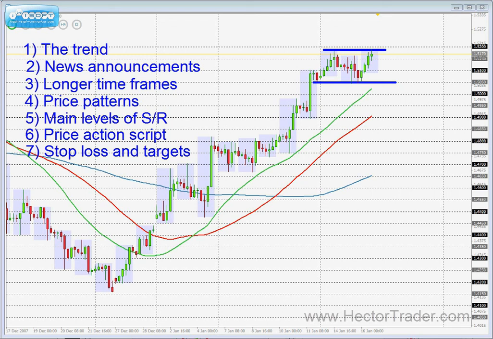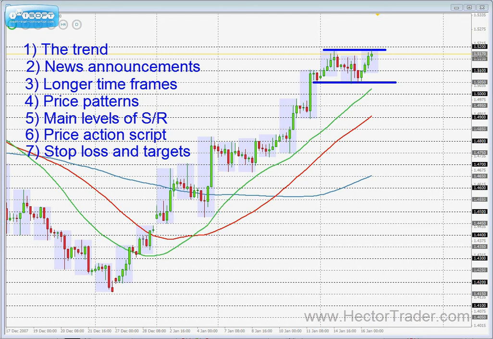I just want you to remember that before you actually pull the trigger, you must know at what level you will bail out of the trade, both if it goes wrong, which is your stop loss level, and if hopefully it goes in your direction, which is your price targets.